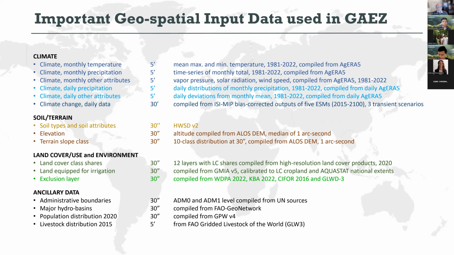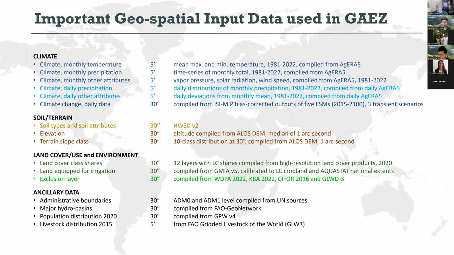Some of the data sets were slightly earlier. Land equipped for irrigation: of course, we want to distinguish between rain-fed and irrigated agriculture, and there's a data set which comes, currently still, from the Global Map of Irrigated Areas, which is published at FAO.